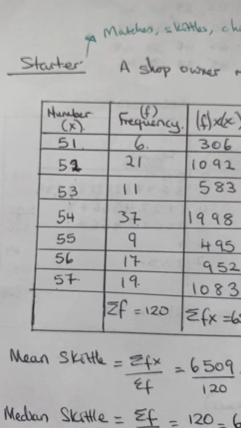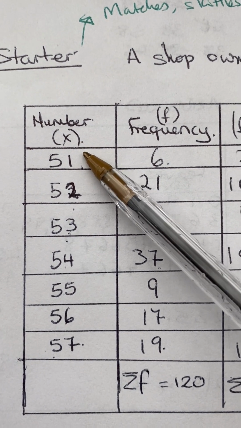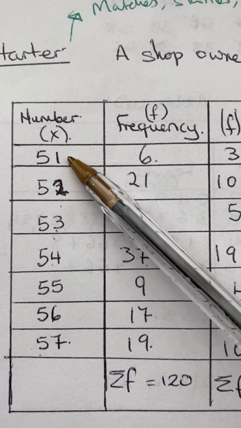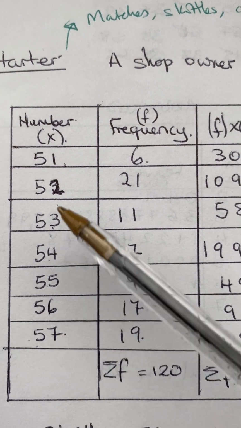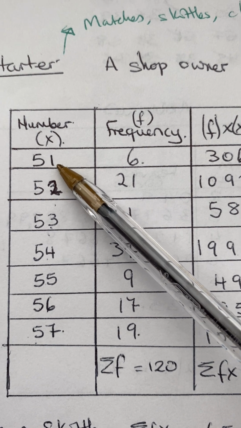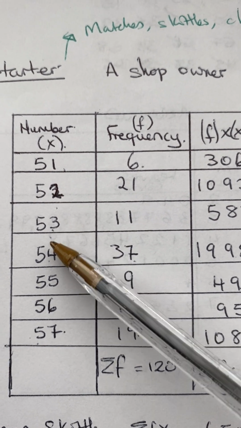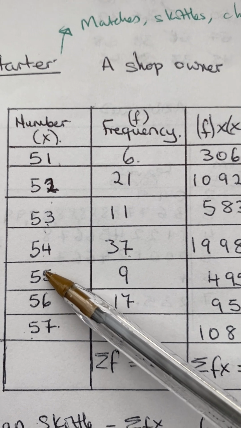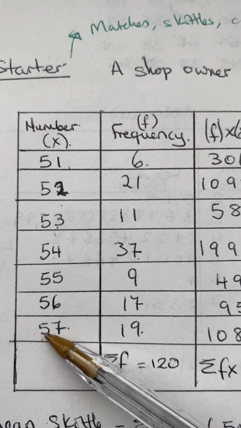So this kind of data, look at the Skittles. You can't group them because it's between 51 and 57. Even if you group them, you have 51 to 52, 53 to 54, 55 to 56, so 57 gets left out.